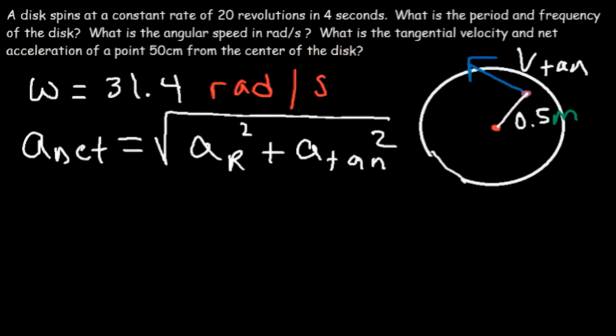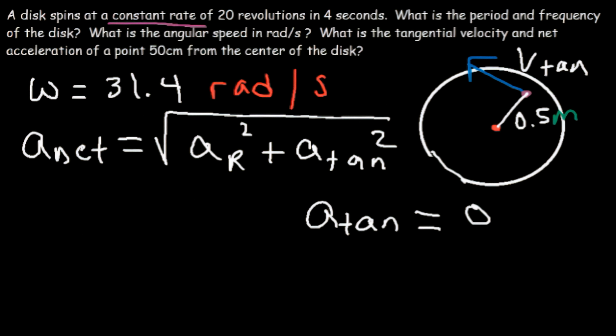Now, the first thing that we want to know is that the disk spins at a constant rate. So if it's spinning at constant speed, that means that the tangential acceleration is 0, because the tangential velocity is constant. So if the disk is not speeding up, the tangential acceleration is 0.